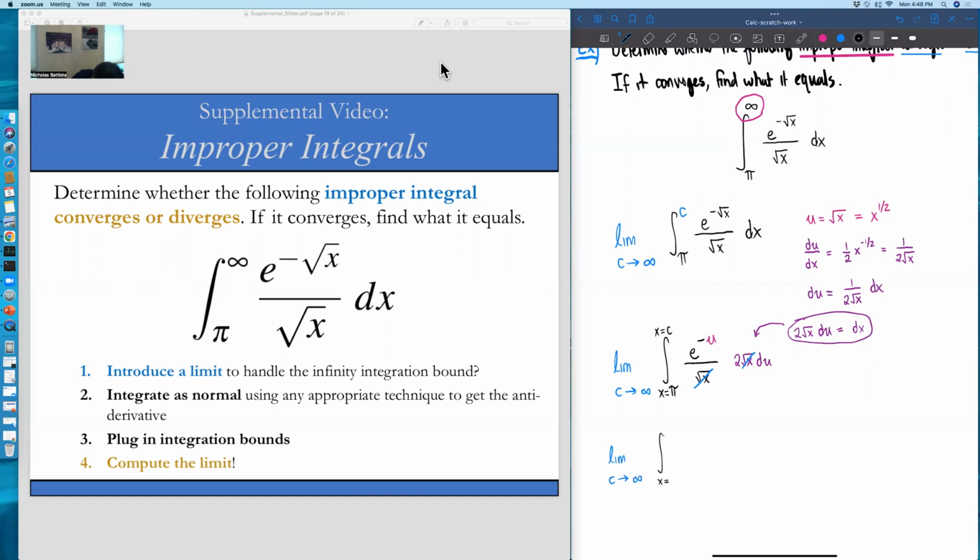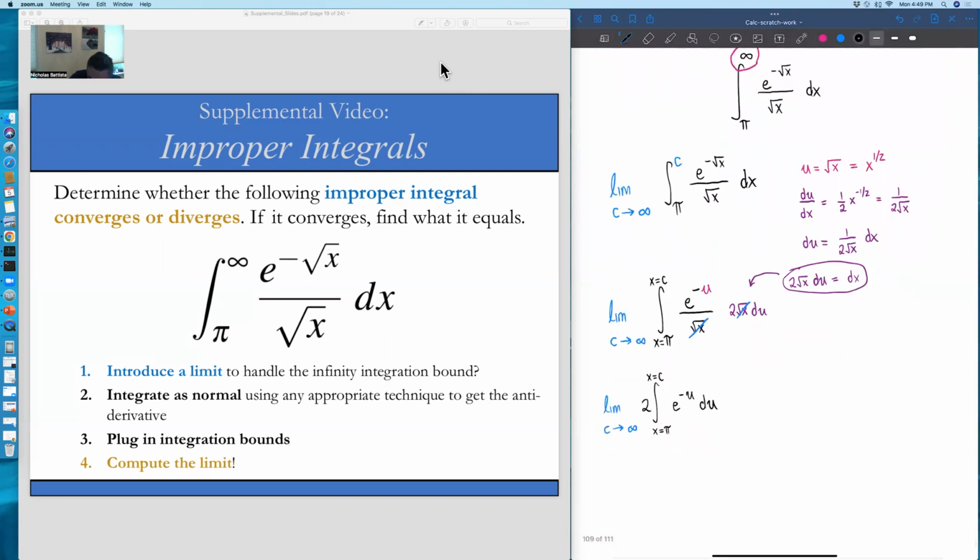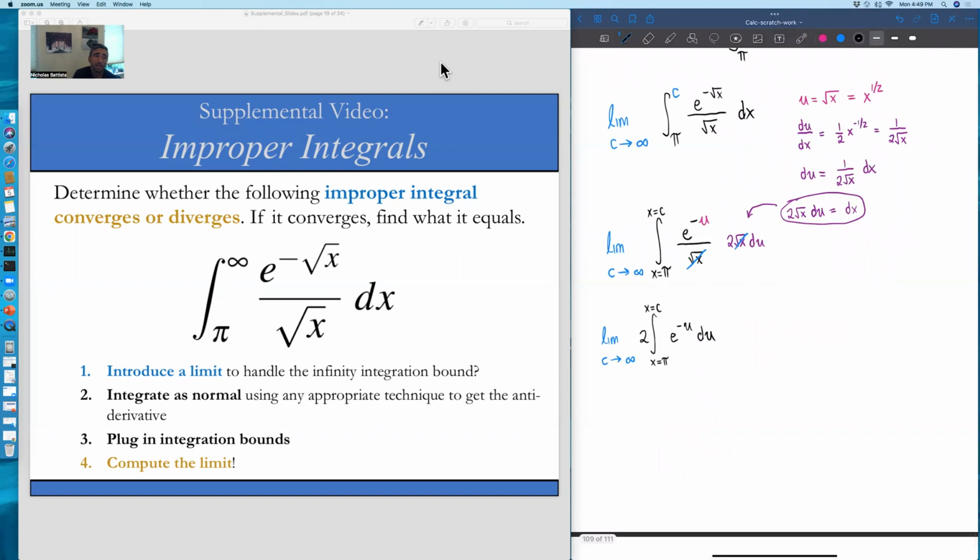The definite integral from pi to c. We have a factor of 2, which I'm just going to bring in front. And then finally, we have this e to the minus u du. And at this stage, we found something in the integrand that we can directly integrate. So let's go ahead and integrate this with respect to u, of course.